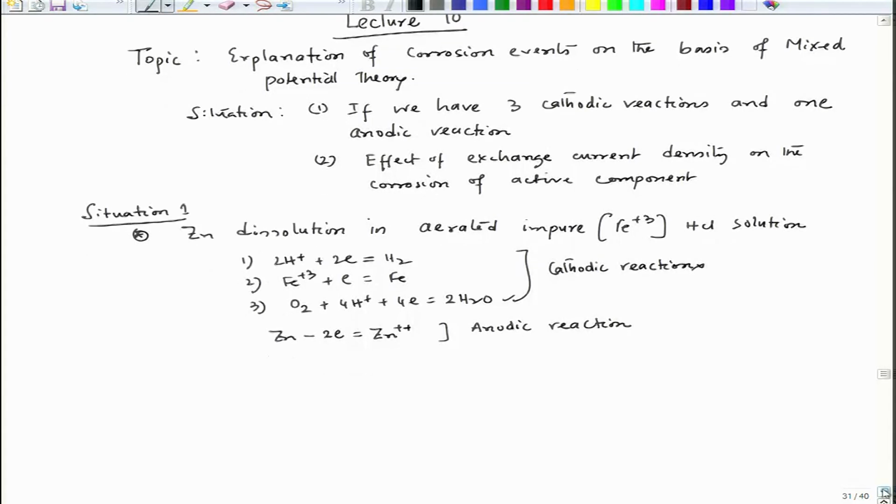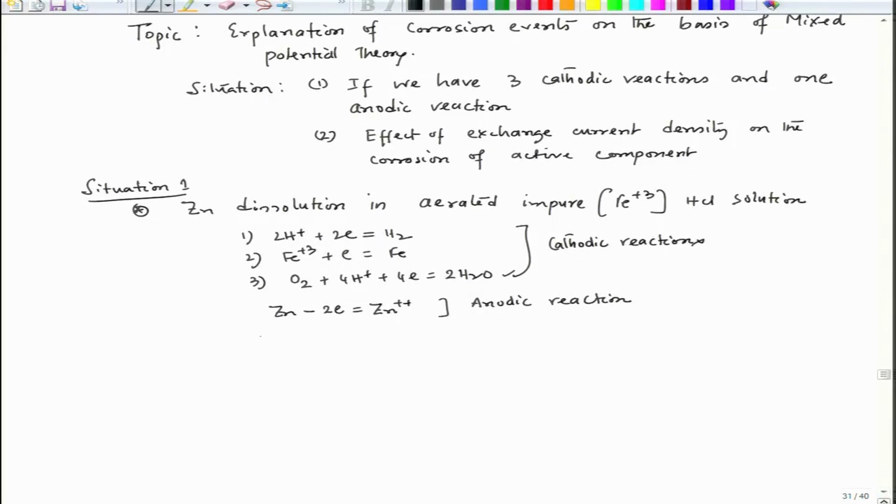So, that time we can draw the mixed potential diagram. This is the plot between log I versus E, in volts, and we will consider this voltage with reference to the standard hydrogen electrode. Now, let us say this is the point E equilibrium of zinc, with corresponding I0 zinc over the zinc surface.